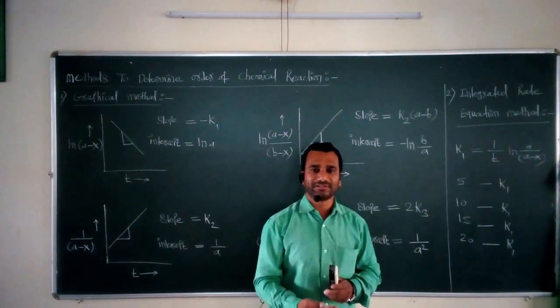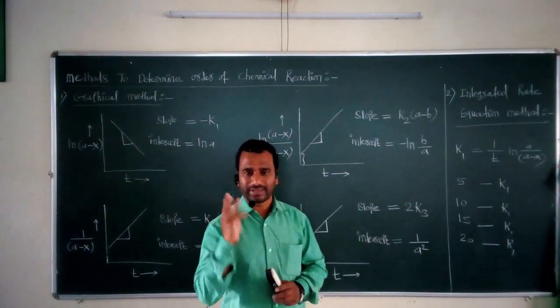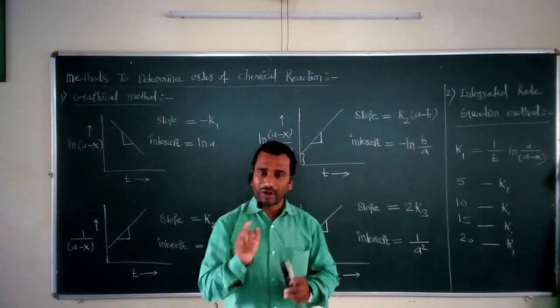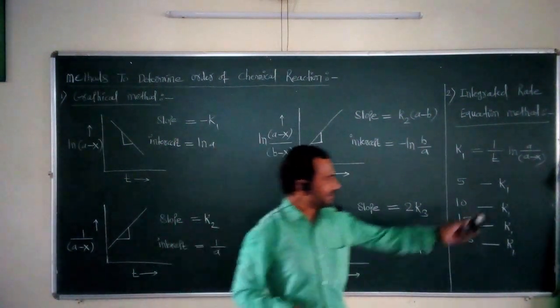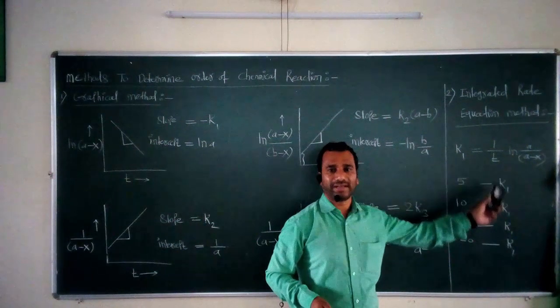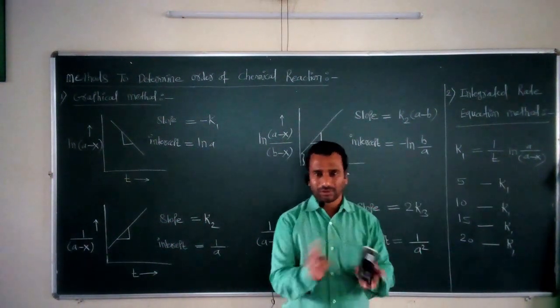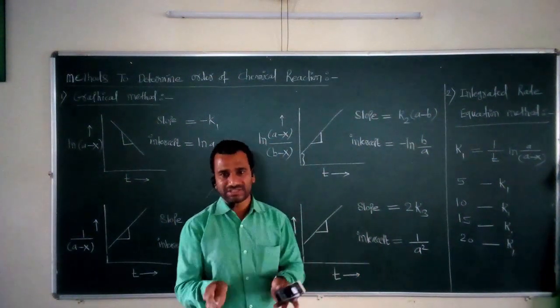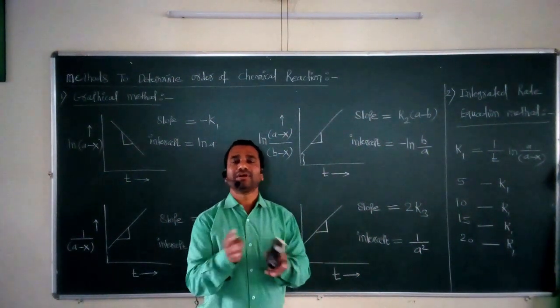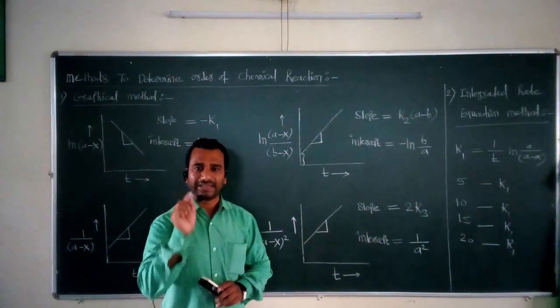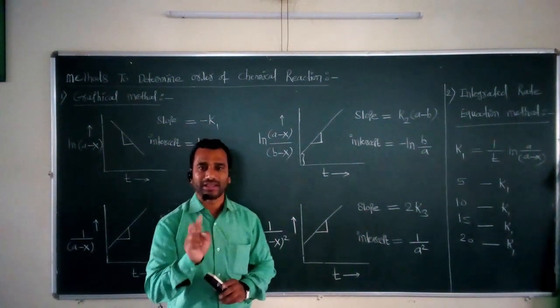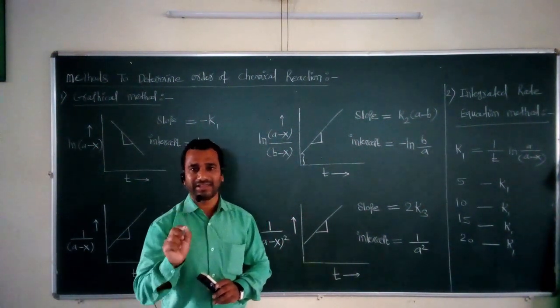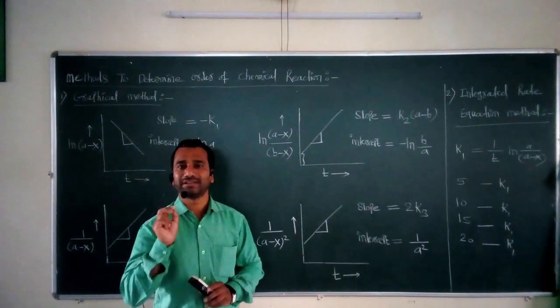After calculating these four different values of rate constant, we have to look at whether they are similar or not. If they are similar to each other, or equivalent to each other, then we can say that the chemical reaction has order equal to first, that is, it is a first order chemical reaction.